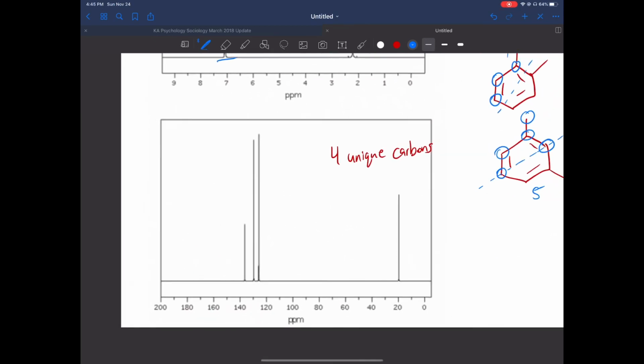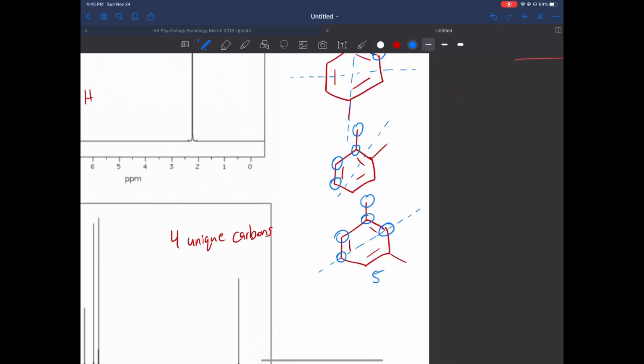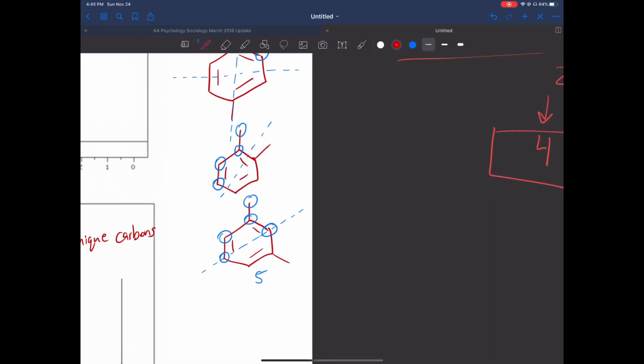Perfectly matches up with our 4 CNMR signals. So that means that this structure right here, let's change the color. This one right here, that's going to be your answer for this.